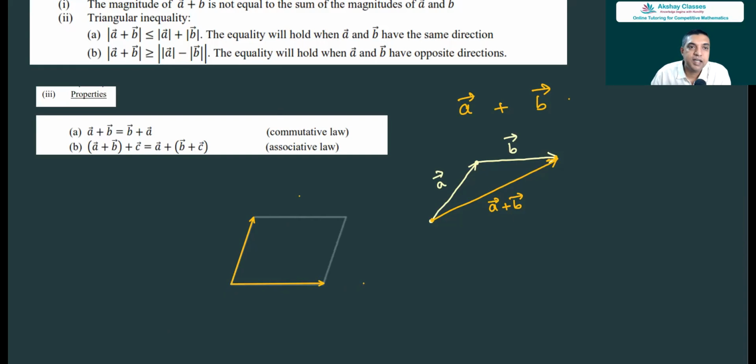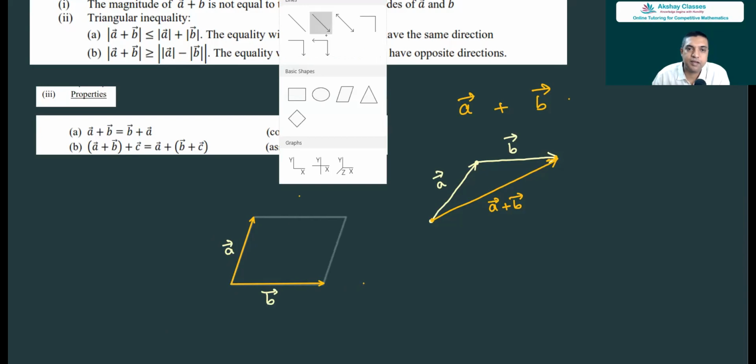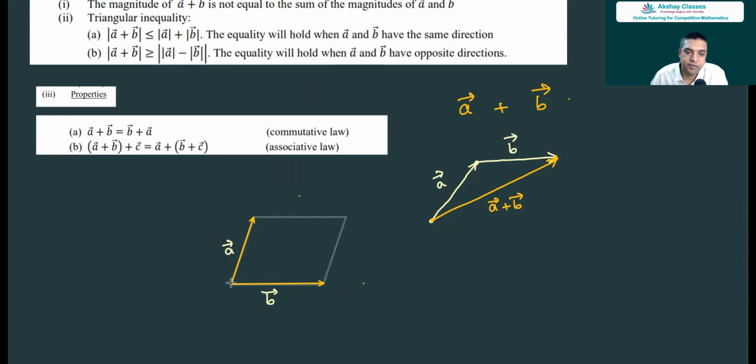So this is vector A, this is vector B. We have made these co-initial vectors. That means A and B are placed starting from the same point along the two sides of a parallelogram. We complete the parallelogram.